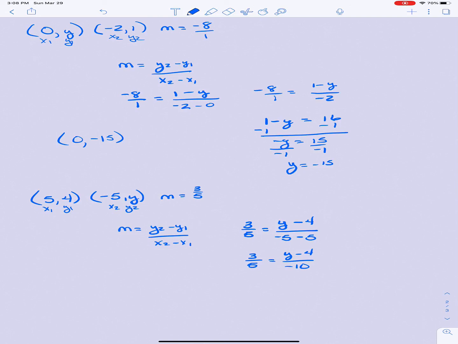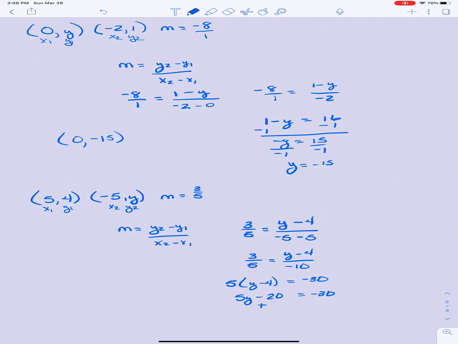And so let's do the cross product property. I'm going to go 5 times y minus 4 equals 3 times negative 10 gives me negative 30. And then 5y minus 20, I almost messed up, minus 20 is equal to negative 30.